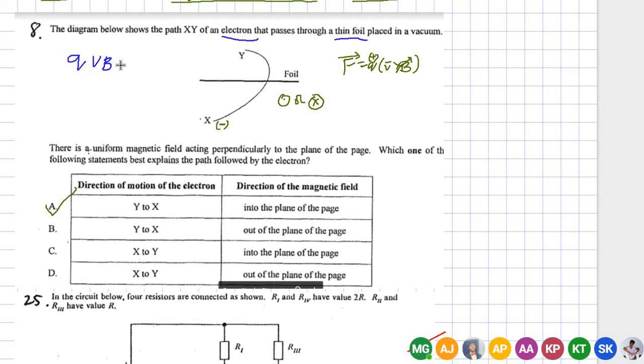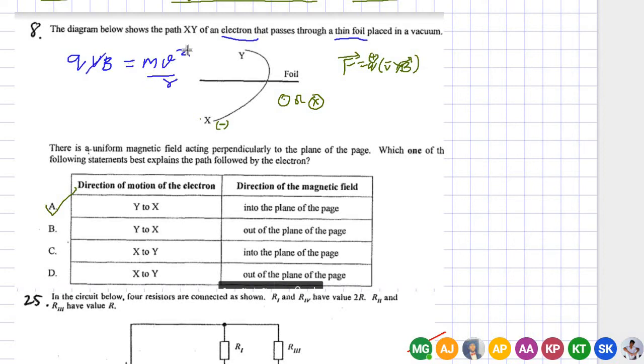So the angle theta between velocity and magnetic field is 90 degrees. So V cross B will become V B sine theta. Sine 90 is 1. So it's just QVB. So this is the net force acting on the charged particle, of course ignoring gravitation, and this is going to supply the centripetal force of mv squared by r.